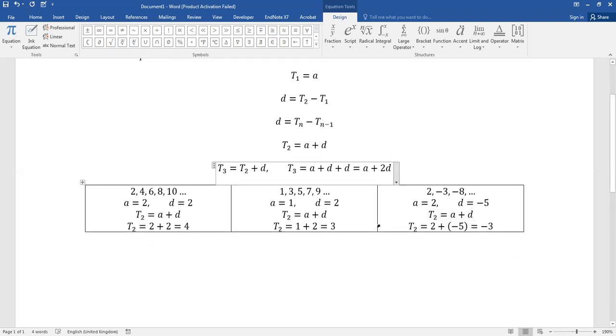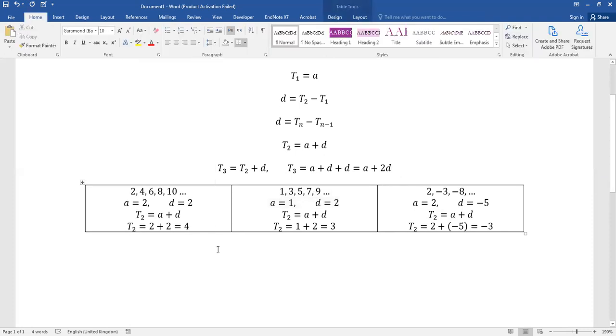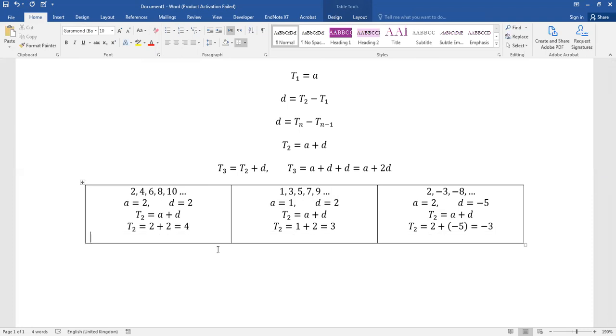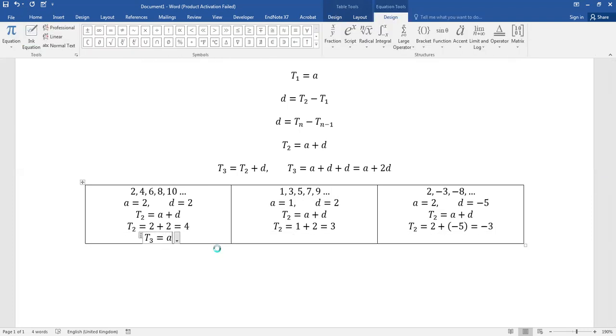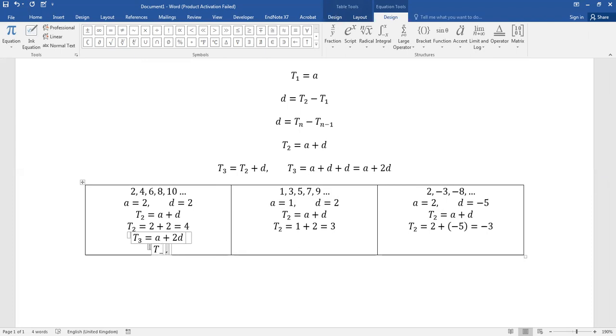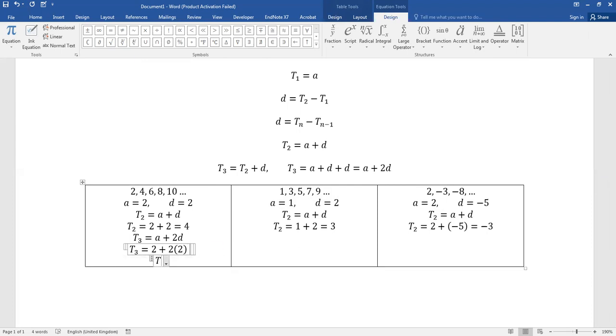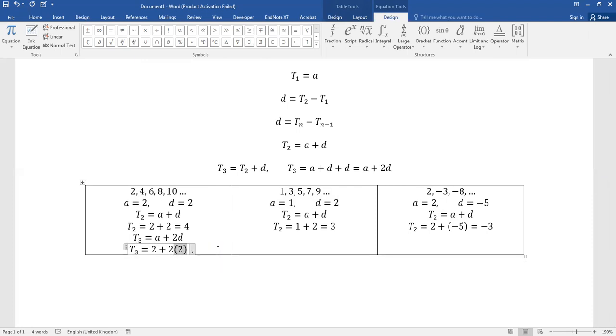Remember, I'm specifically talking about an arithmetic sequence, a sequence in which the difference is constant or consistent. So the third term is a plus 2d. In the first, a is 2, plus 2 times 2, so the third term is 6.